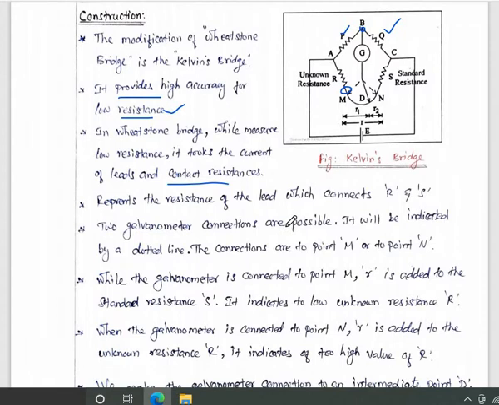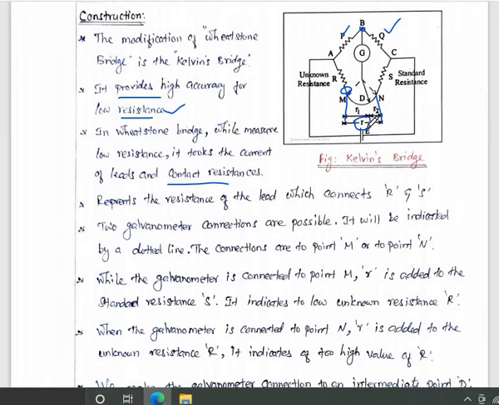Here, while the galvanometer is connected to the point M and R, or otherwise to the other point, we consider the value of R in the total resistance. We can consider M to N, this area, as having a value, because it is a wire, and that wire also has some resistance, so that resistance value also has to be taken into account.